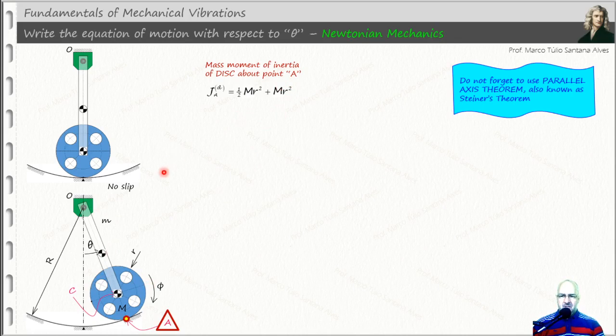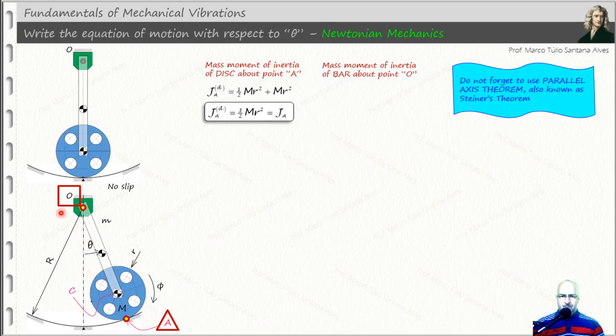Because R is the distance between the point A and the point C. Now we obtain the mass moment of inertia about A.